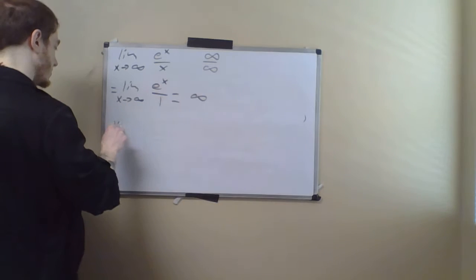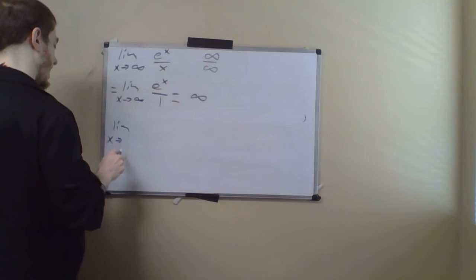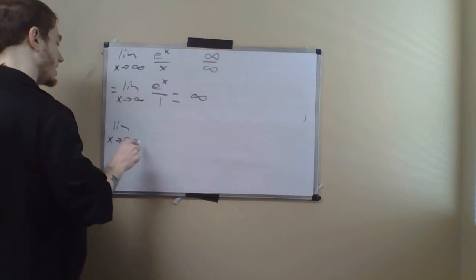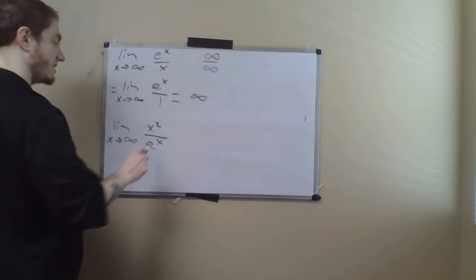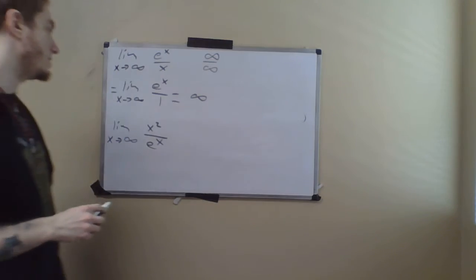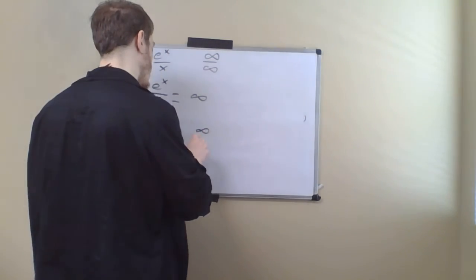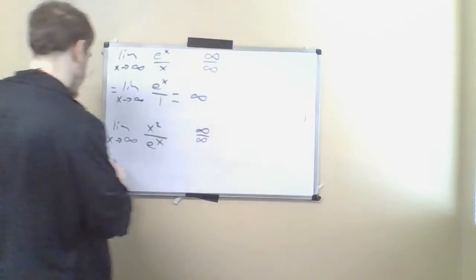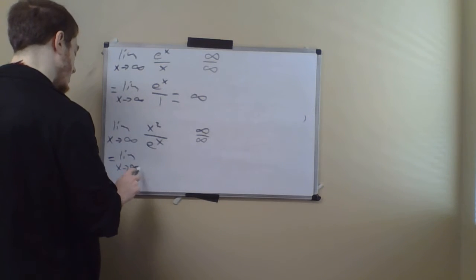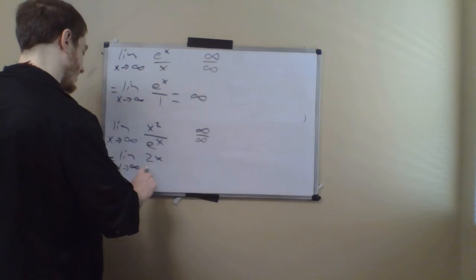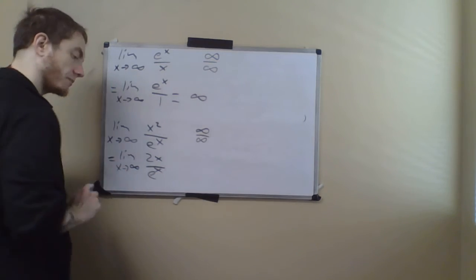What if we had the limit as x approaches infinity of x squared divided by e to the x? Well, this would also be an infinity over infinity form. And I can replace this with the limit as x goes to infinity of 2x divided by e to the x.